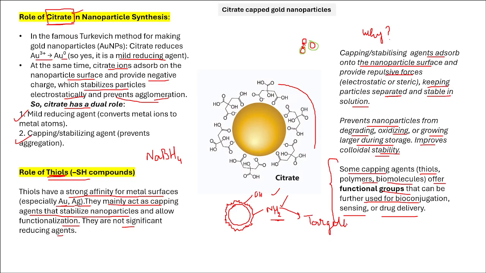Suppose you have added targeting moieties that target breast cancer cells, some of the antigens or molecules that are overexpressed on a breast cancer cell. In case of cancer, there are some different biomolecules or precursors that are overexpressed on these cancer cells. Now you have added a targeting moiety on this gold nanoparticle so that you can target these breast cancer cells.